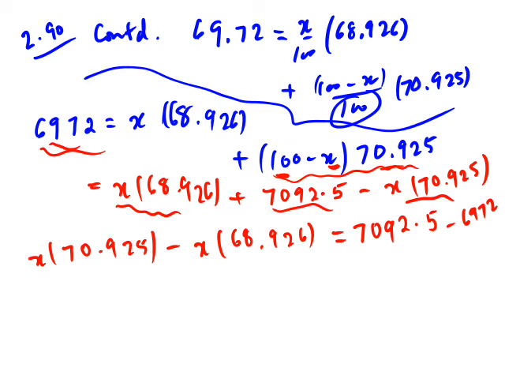So now I'm subtracting, and then I'm getting here x times 1.999, and that equals, I'm sorry, it's 120.5.